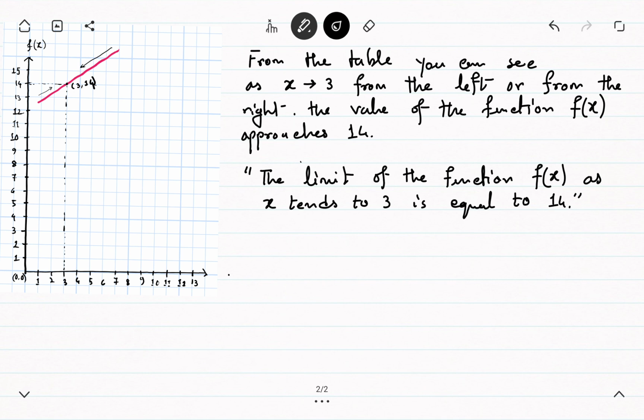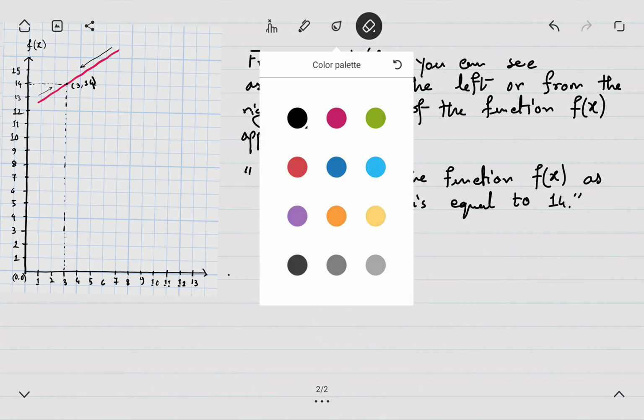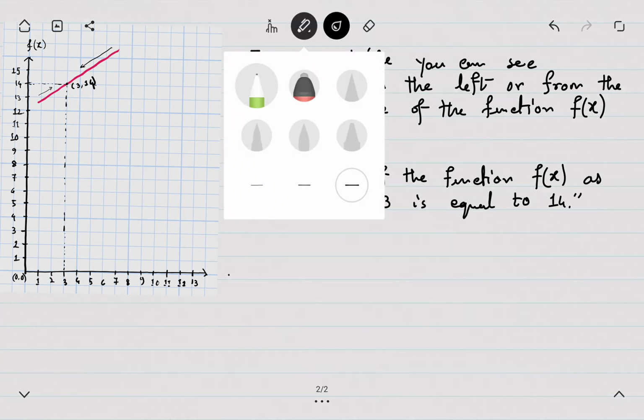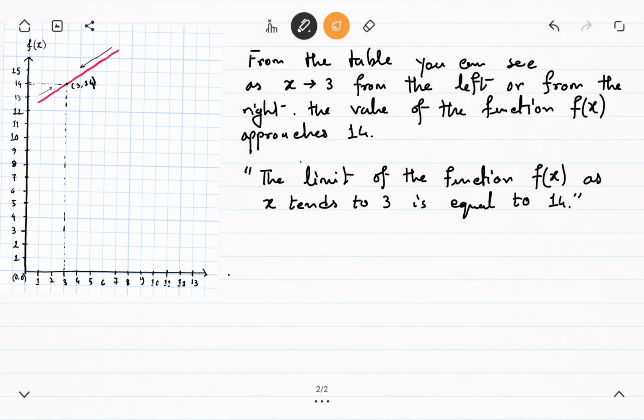So let me highlight this. This entire thing, whatever I have just said, we will write using a notation. So what will be the notation?